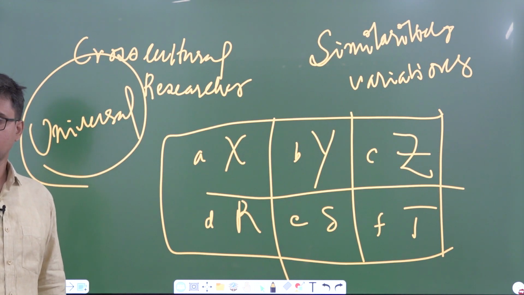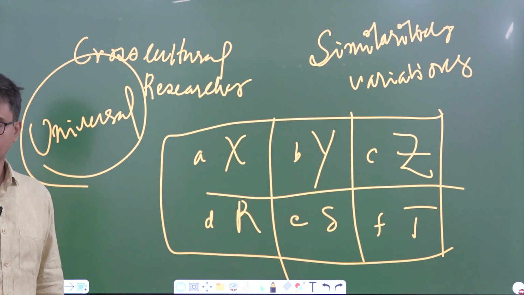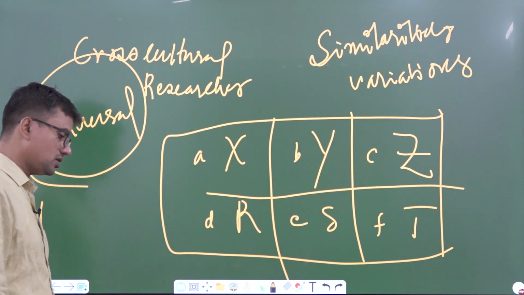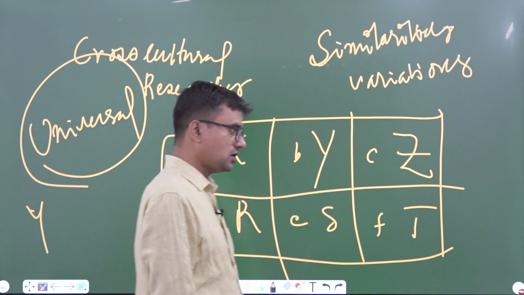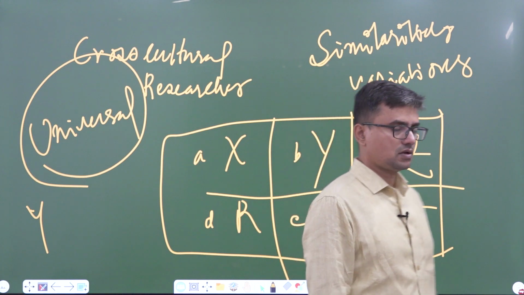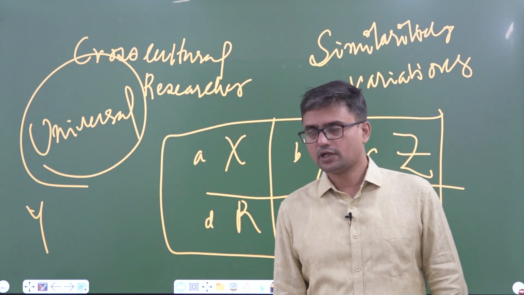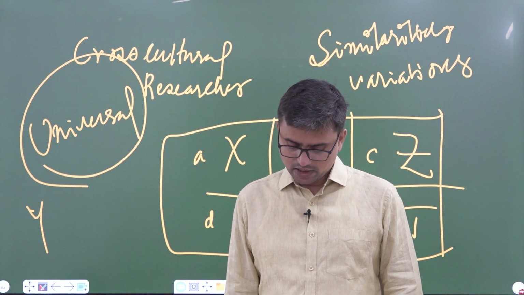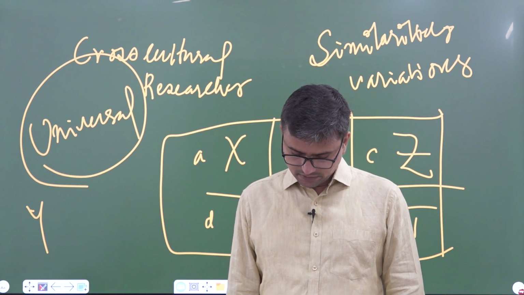Under this, what are they studying? Keep a hyphen and write: economic organization, political organization, arts, religion, music.